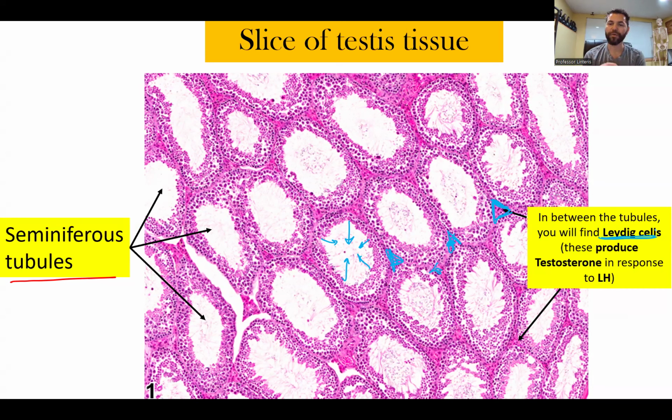These cells produce testosterone. So number one function, sperm production. Number two function, testosterone production. When do these Leydig or interstitial cells produce testosterone? Under the influence of LH. So LH tells those cells to make more testosterone. That's it.